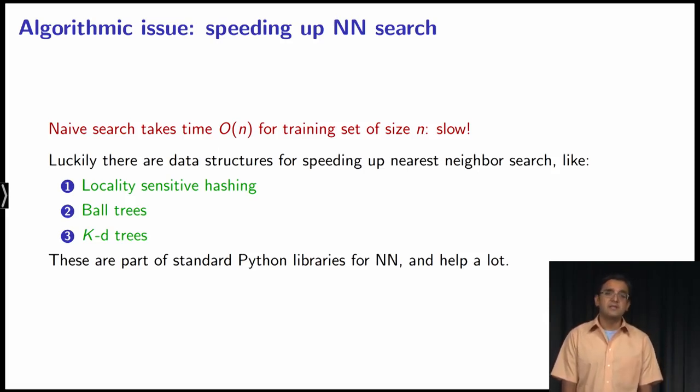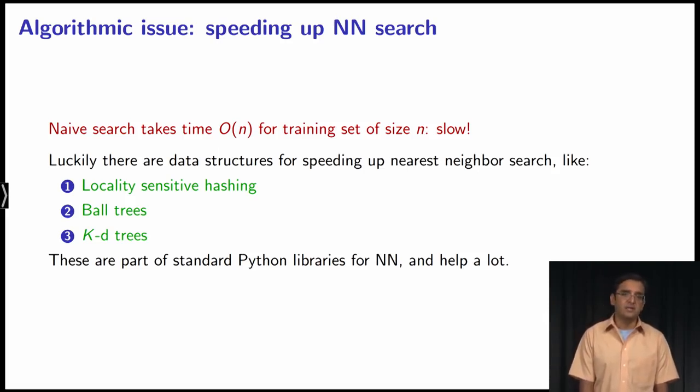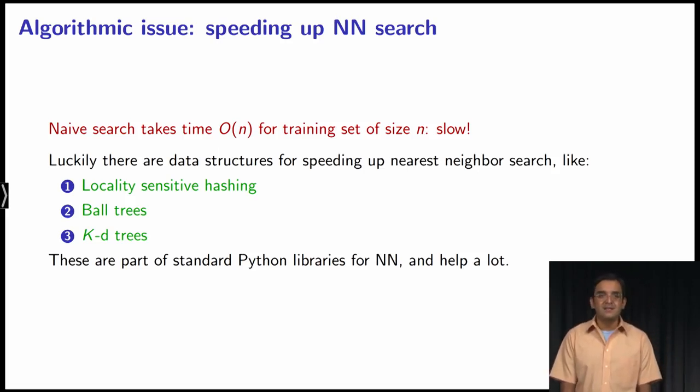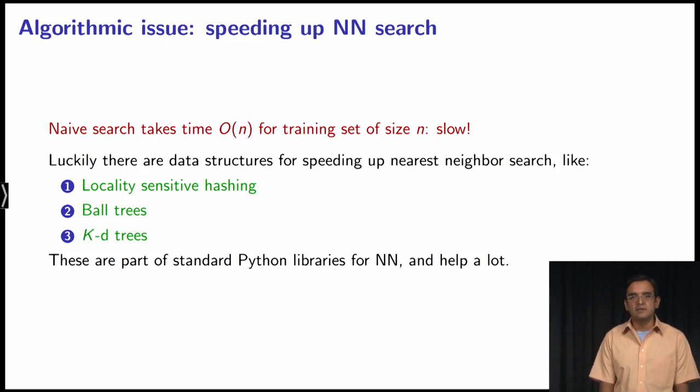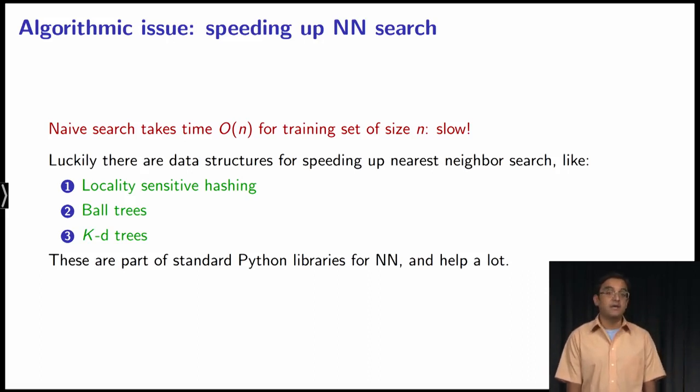These data structures have names like locality-sensitive hashing, ball trees, KD trees, and there's a whole lot more of them. The main thing is to be aware of them. They're part of standard libraries in Python, for example, and in some cases they can reduce the search time from something like n to something more like log n. And in general, they're quite helpful.